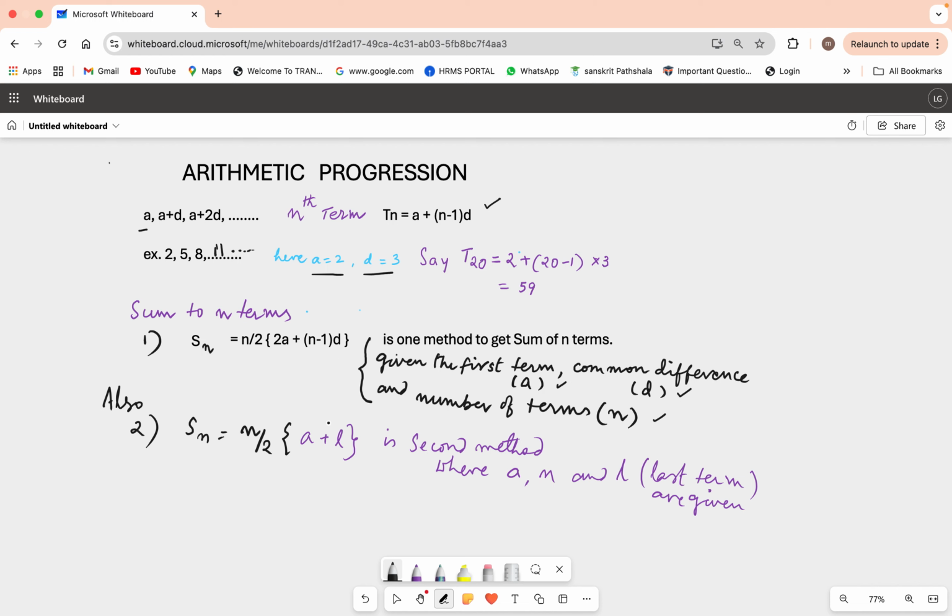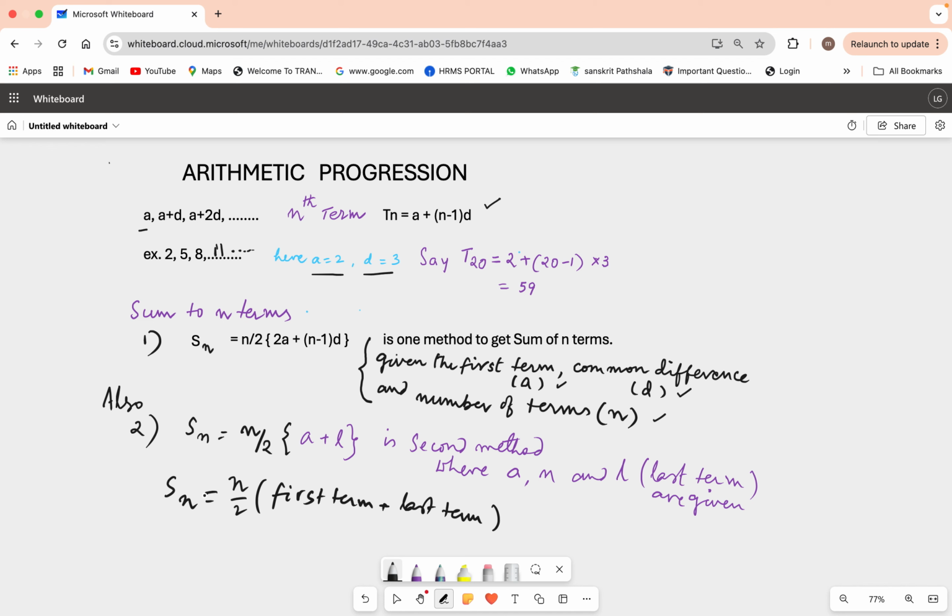Assuming you are given only the first term A, the number of terms n, and L the last term. If A, n and L are provided, still you can find the sum using the second formula: Sn is equal to n by 2 of (A plus L), that is first term plus last term. If you add them and multiply the whole thing with n by 2, half of the total number of terms, you will get the sum to n terms.